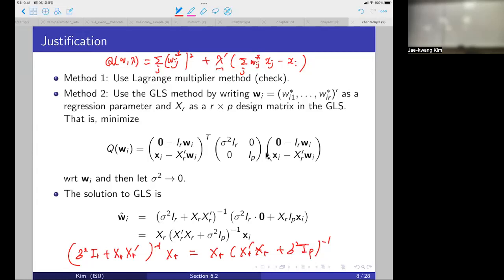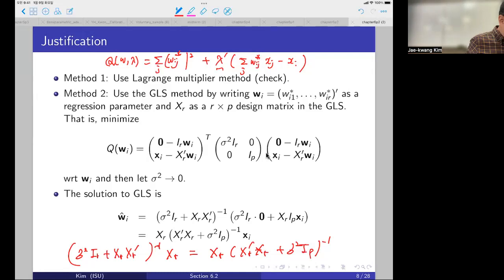If you set sigma to 0, that means you are mainly focusing on this one. So you really want this constraint to be satisfied first, and then minimize this one overall. Well, you may wonder why we bother with this, but let's see.